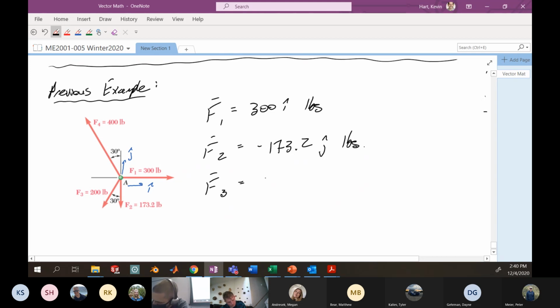F3 is 200 pounds, resolving into the i direction with sine 30. That's this angle here, plus 200 times cosine 30 in negative j.